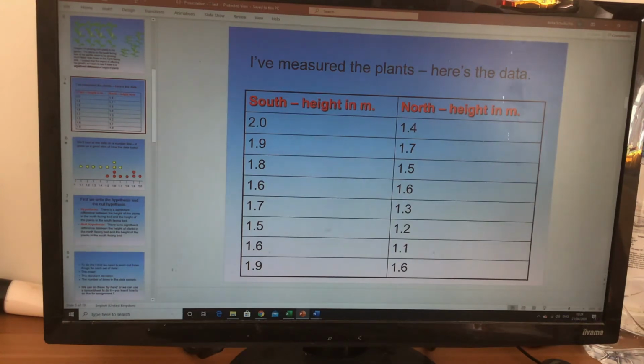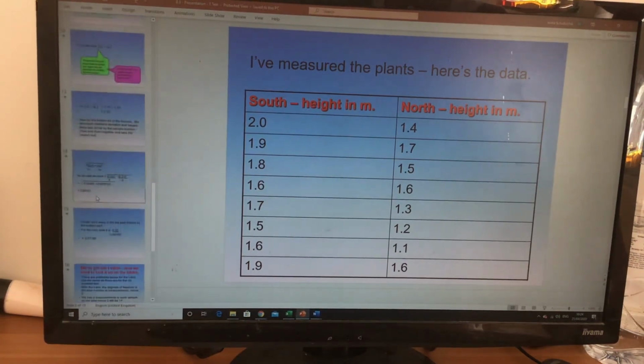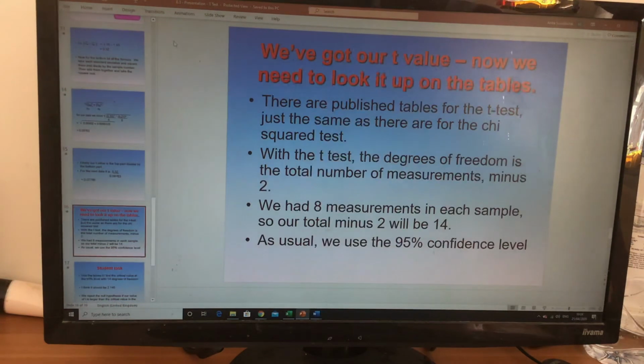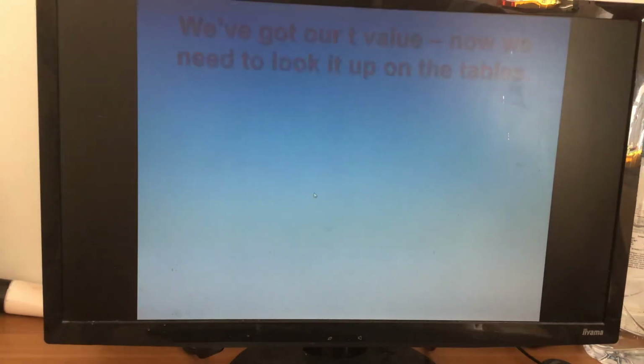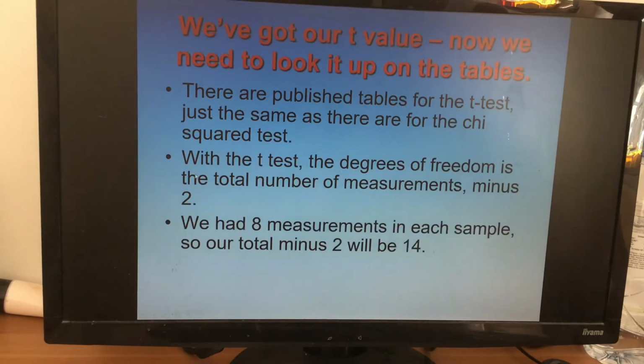So you're going to get one number for south and one number for north anyway, which means that in total you've had 16 values, but you've got 14 in addition that you could get. The way you get your degrees of freedom is the total number minus how many columns you've had. In that case, it's minus 2. Now you've had 8 measurements in each, which makes 16. Take away the 2, and you get to look up 14.